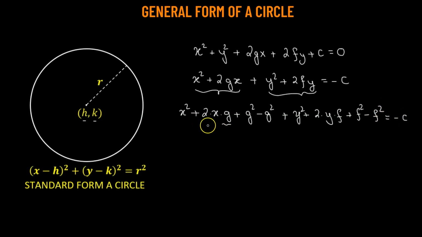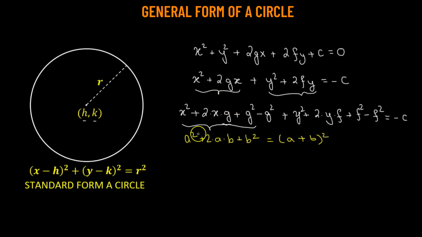The reason why we added and subtracted an extra part in each of the two cases is that now, if we look at the first three terms, x squared plus 2 times x times g plus g squared, this has the form a squared plus 2ab plus b squared. And what is this? This is nothing but the expansion of (a plus b) whole squared.